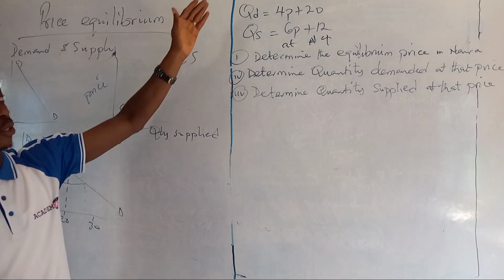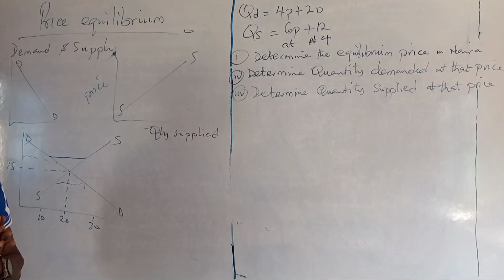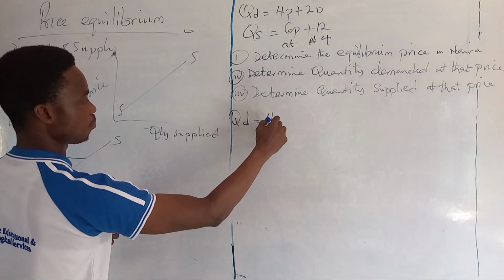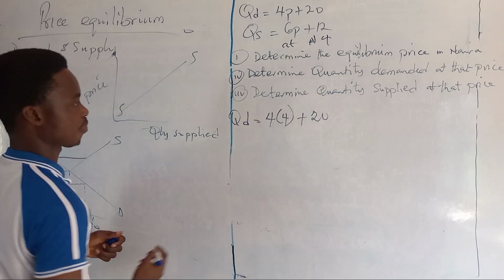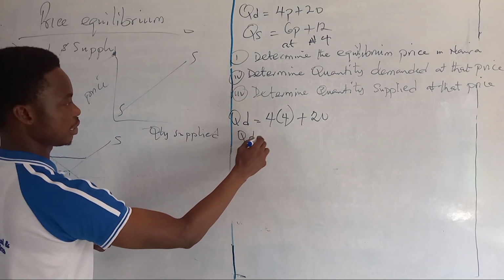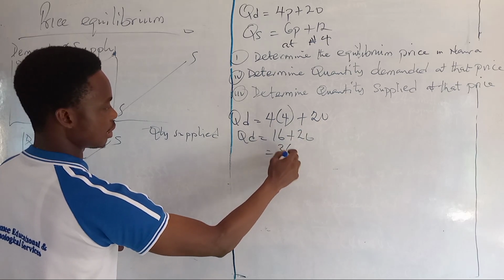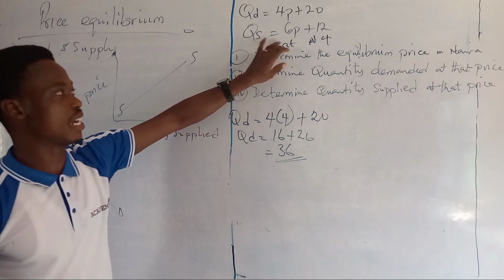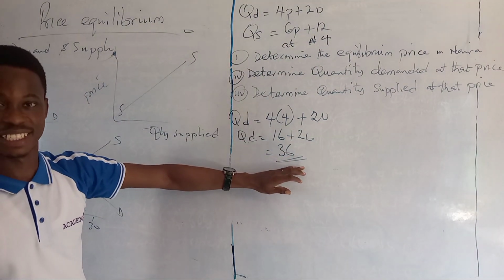So QD is 4 into bracket 4 plus 20. It means QD is equal to 16 plus 20, which is 36. That means at 4 naira the quantity demanded is 36.